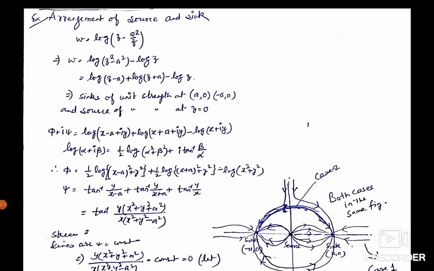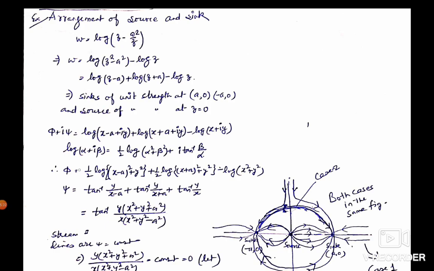Is it clear? Now we come to how we will find the streamlines and potential lines. In place of this W, you write phi plus i psi. In place of this z, you write x plus iy. Separate the real parts and separate the imaginary parts.